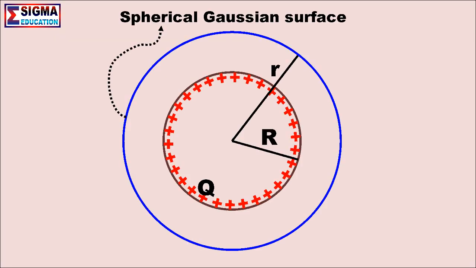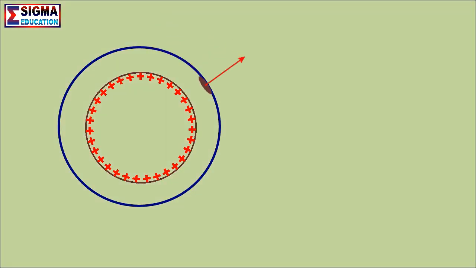If we have to find the electric field intensity at an outside point at a distance small r from the center of the shell, then we consider a spherical Gaussian surface of radius small r concentric with the shell. As we have discussed, the electric field intensity at the Gaussian surface is radially outward.